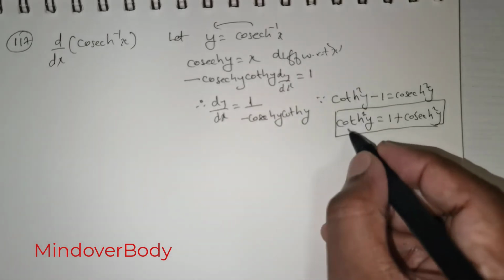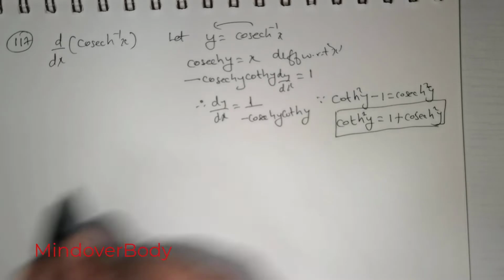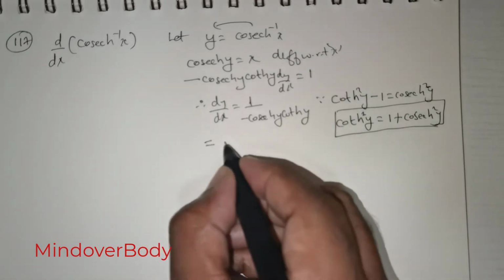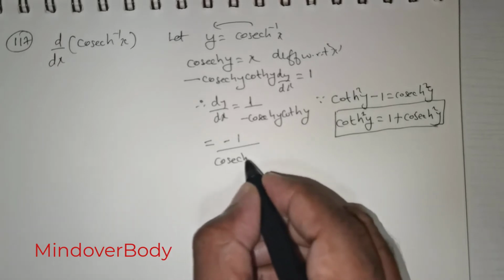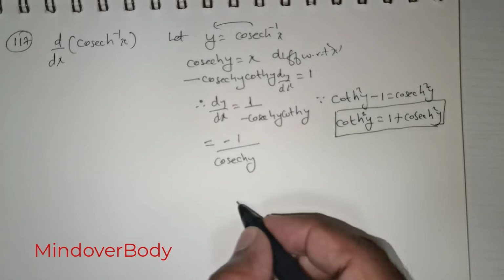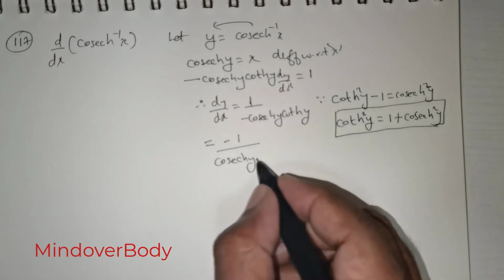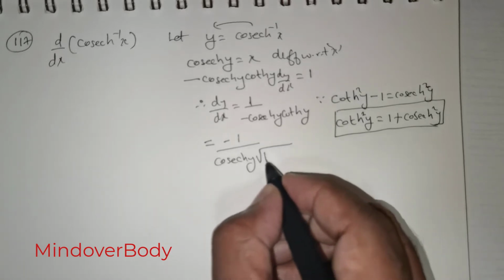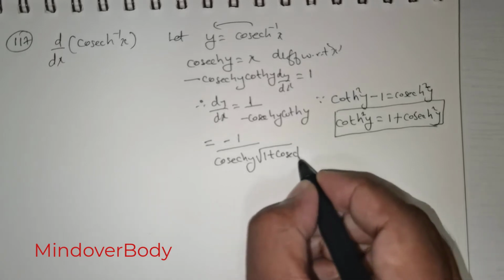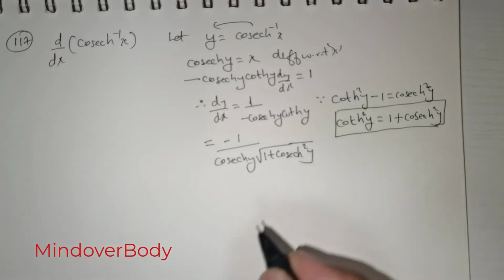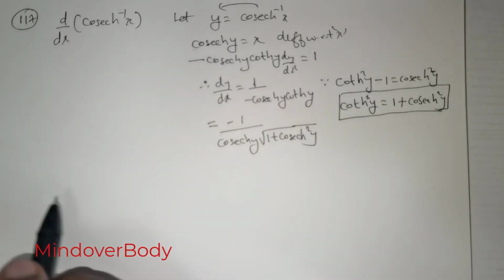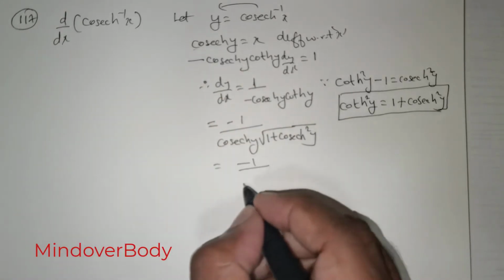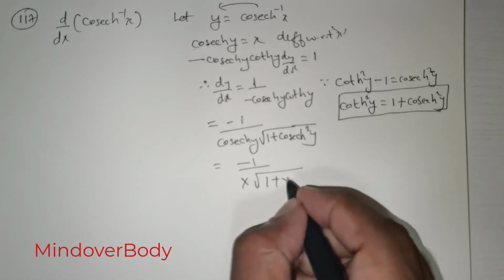But before I could do that, this is cot squared y, but I want only cot y, hyperbolic cot, of course. So it's going to be negative 1 over cosec y, and this is going to be square root of 1 positive cosec squared y. This is what I've got, right? So now I know that cosec y is equal to x, so this is going to be negative 1 over x root of 1 positive x squared. That's fine.